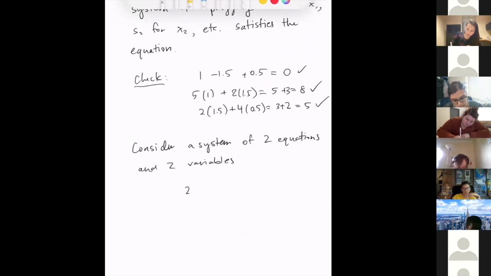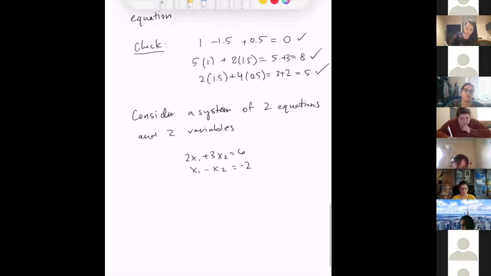So for example, something like this, right? We know that these actually represent lines in R2, right? So we could plot them out, figure out what they would be. So let's go ahead and do that.